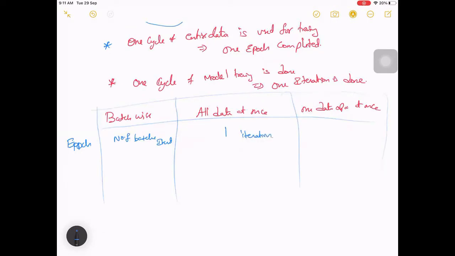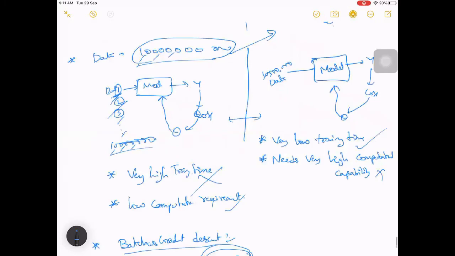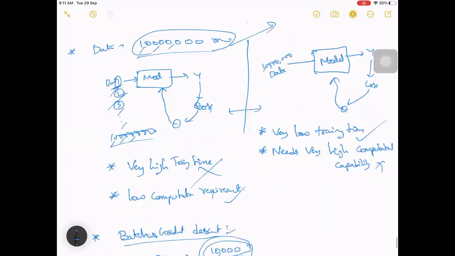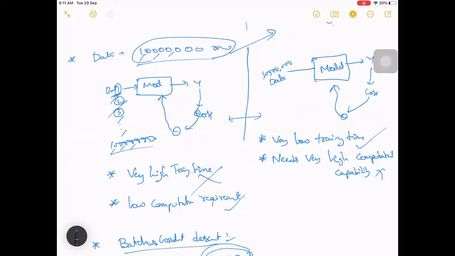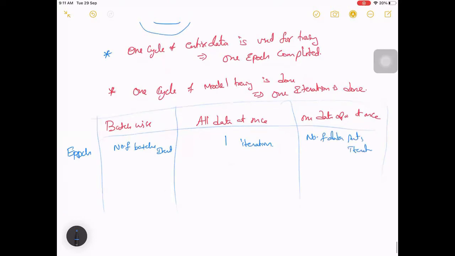If you take one data point at once, the first data point is one iteration, the second is one more iteration, third, fourth, and so on. If there are a crore data points, it will do 1 crore iterations. So iterations equal the number of data points.